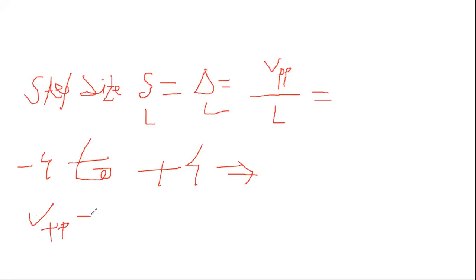What is the peak to peak voltage? Minus Vm is -4 and plus Vm is +4. So what is the peak to peak voltage? Anyone?